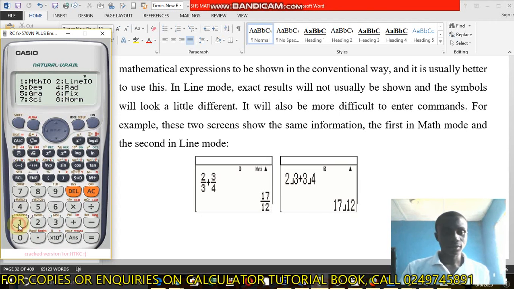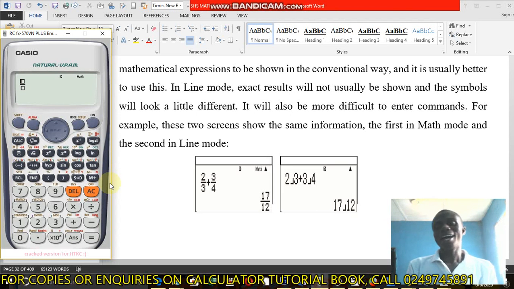Now you choose the number 1. That is the math mode. Choose the number 1. Very good. Now when we press on this, we are back to our normal default mode.